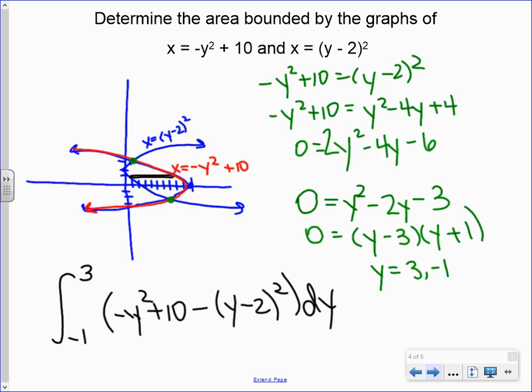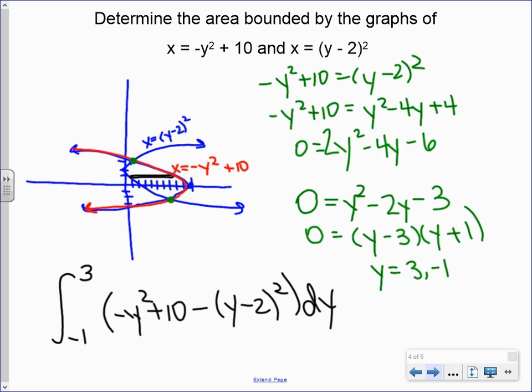You could just take the integral of 2y squared minus 4y minus 6. Well, you'd have to switch the signs. It'd have to be 2y squared minus 4y. But technically, yeah, you're right. I see what you're saying. Not all the time, sometimes with our graphs, we're not going to need to do the algebra, but yeah, I see what you're saying.